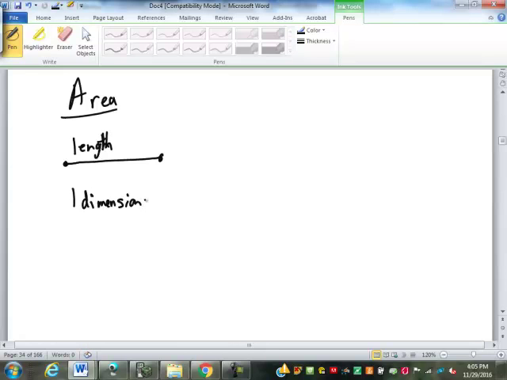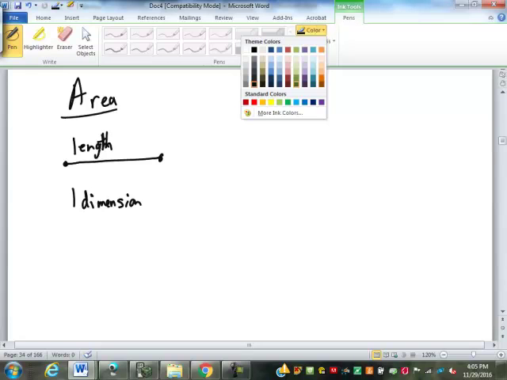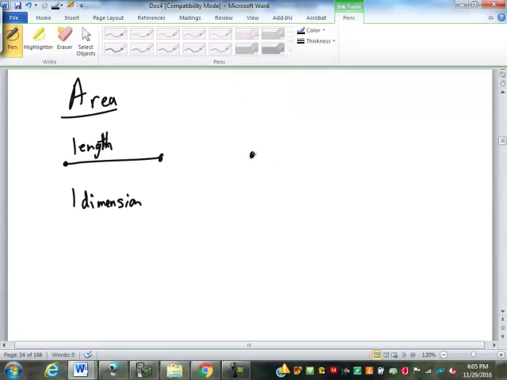A dimension is a measurable characteristic or a measurable direction on the object. Now, if we take that length and we move it in a second direction, if that second direction is, what we remember we talked about, perpendicular, it's moving at a right angle to the original direction.